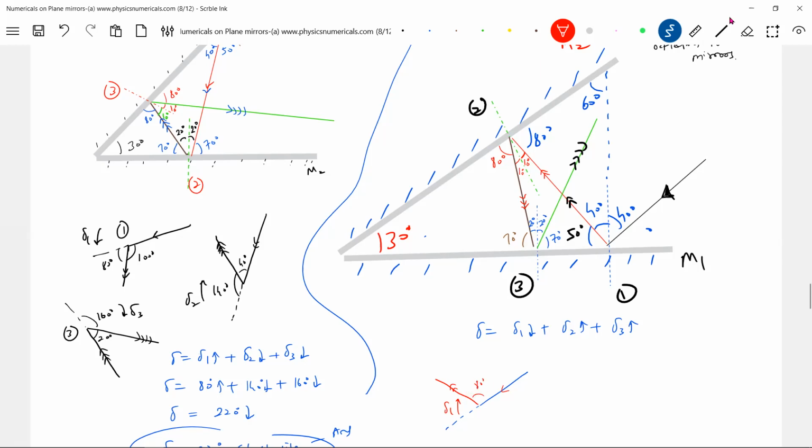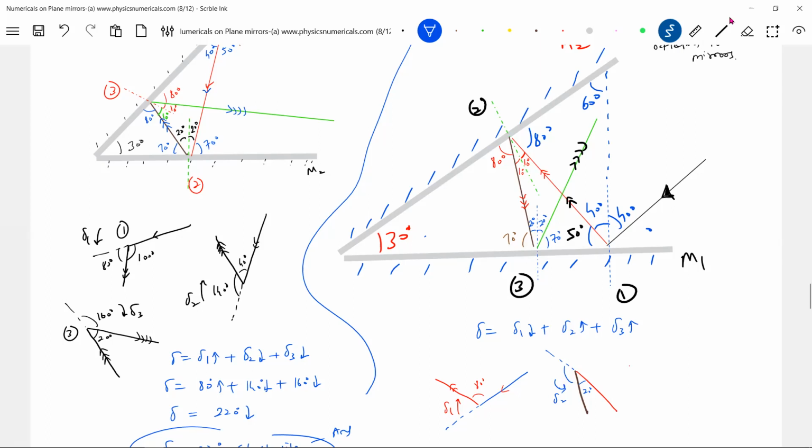Delta 1 will be 100 degrees. Similarly, for ray 2, so there's a ray 2. After reflection, it will move like this. So what is this angle? 20 degrees. So what can be this? 160 degrees. So this is the deviation.